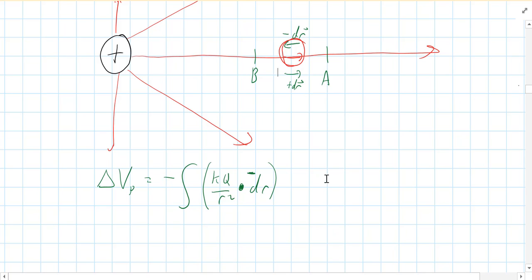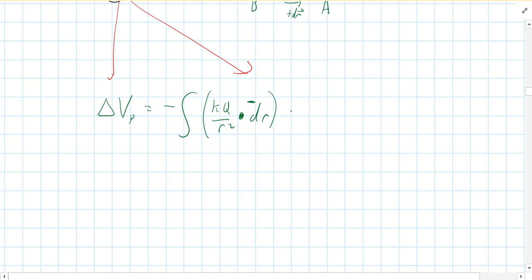Just looking at sign now, you get negative the integral of, there's a negative here, and this dot product is a negative. So you've got two negatives there, which means inside the integral you end up with a positive. So you just have kq over r squared dr.